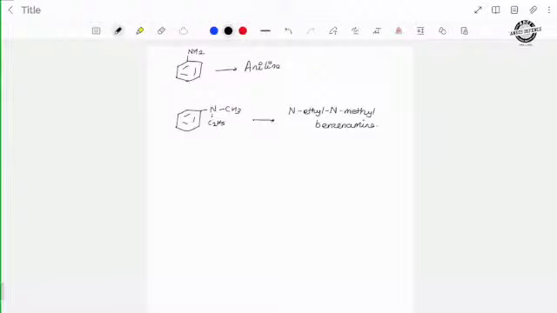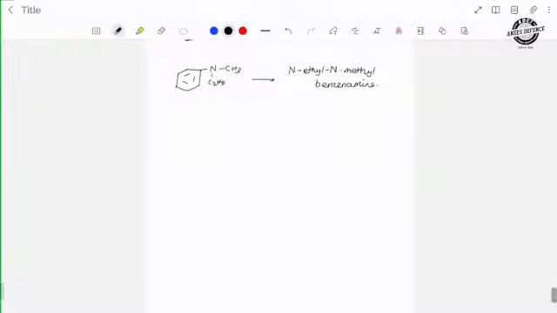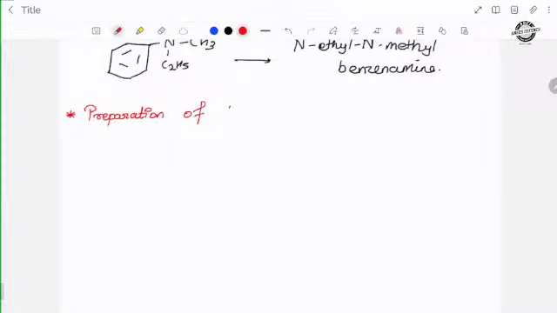Now let us see the next part, preparation of amine.